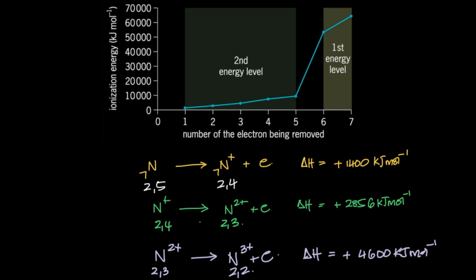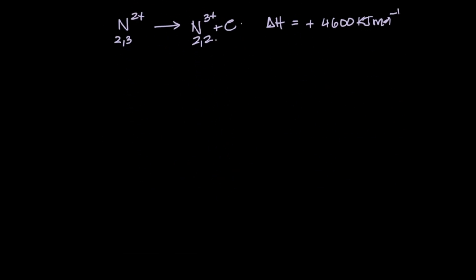Now, let's say I'm talking about neon. I'm going to talk about the first 2 ionization energies of neon as an example to explain why successive ionization energies are going to be greater.